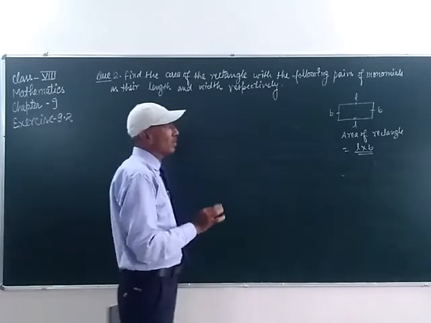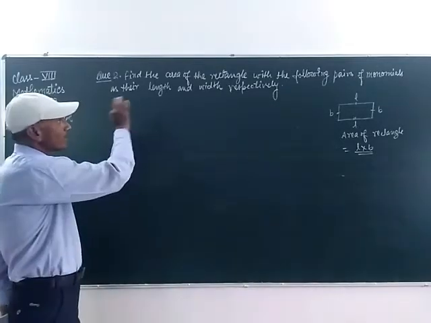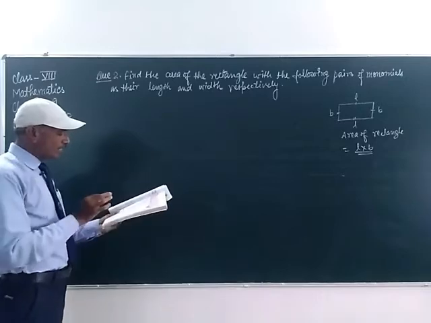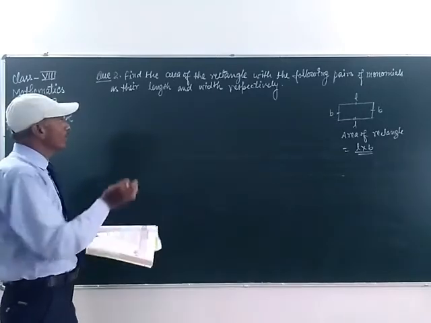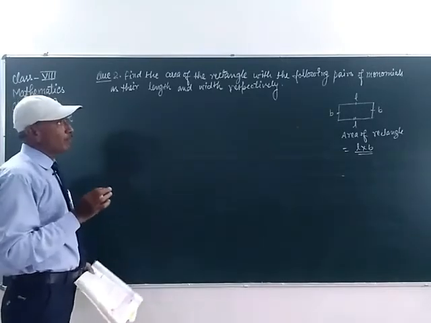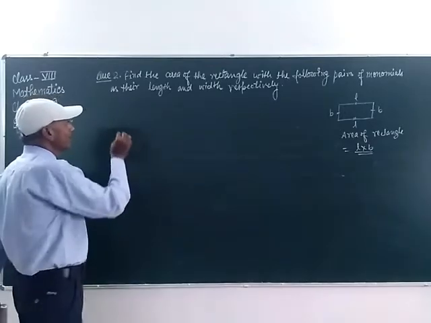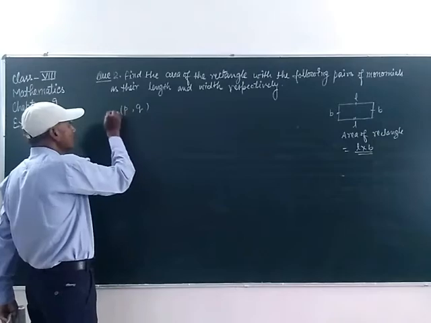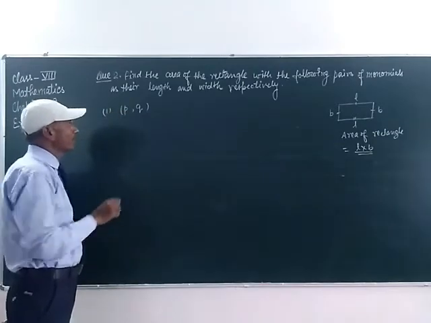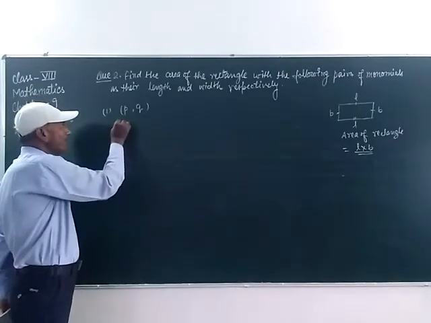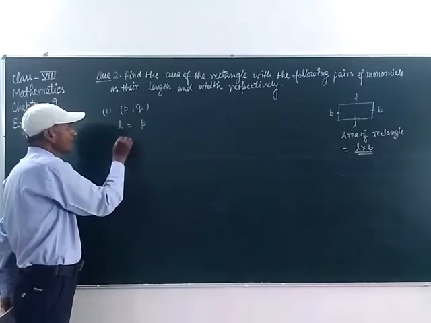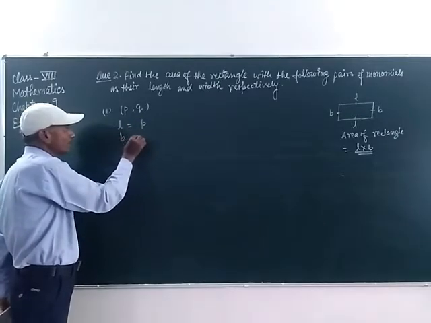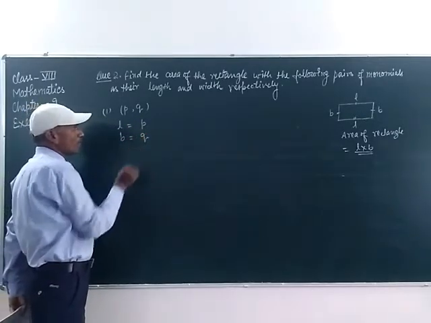Clear, student? So in this question, first part: the pair of monomials as length and width, p and q. This one is the first part. p is the length, so L is equal to p, and B is equal to q.